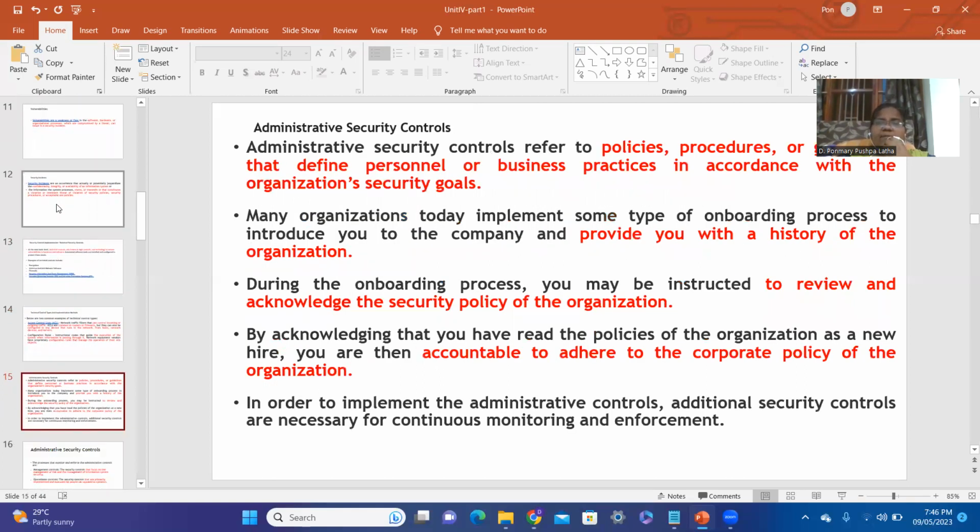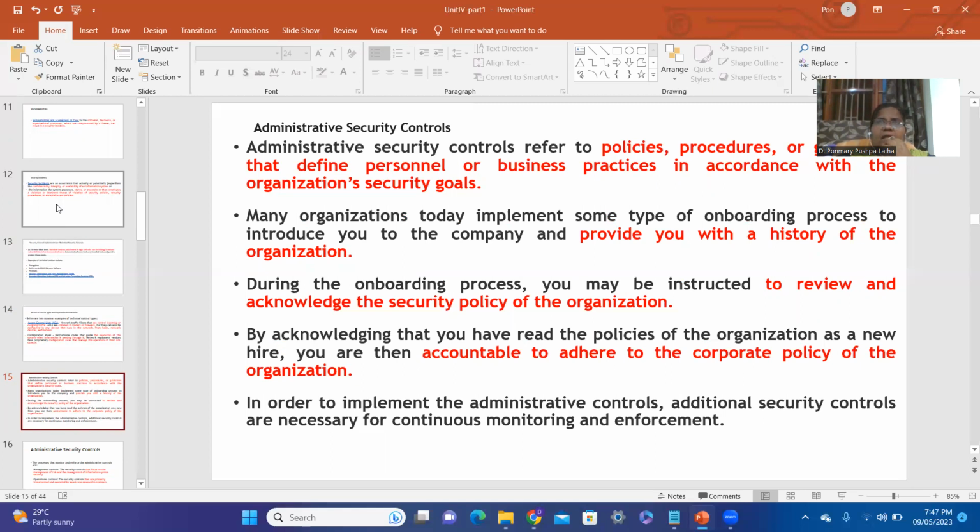Now, administrative security controls. Here, they deal with the policies and procedures. It gives you a history about the organization so that you know the policies of an organization, to review and acknowledge the security policies of an organization, and be accountable to adhere to the corporate policy.